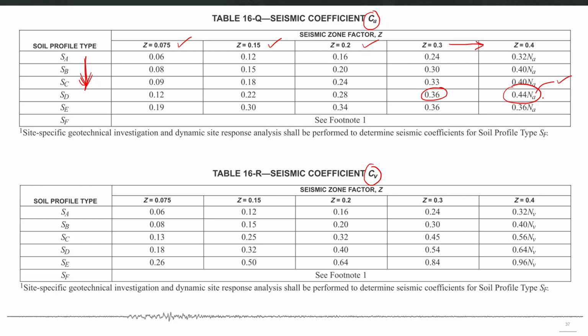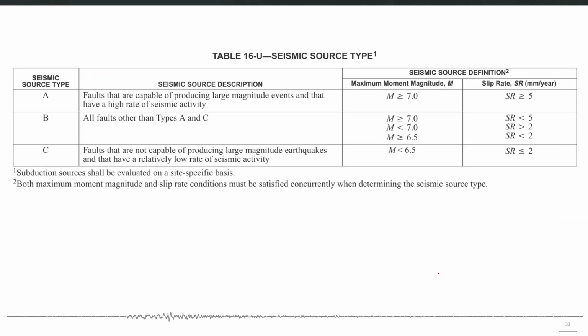So there is a separate table for this near source factor, and if you are in zone 4, you have to calculate the CA value as a function of near source factor for acceleration. Same is here for CV factor. You can see here that for zone 4 you have these values, but for zone 1, 2A, 2B and 3 you have the values of CV from this table.